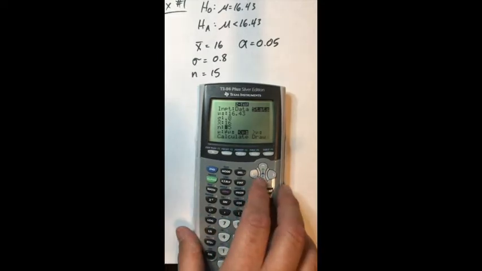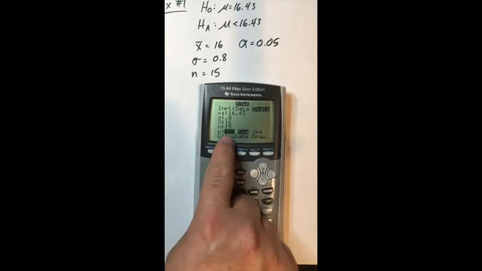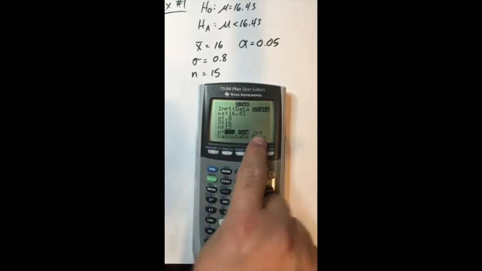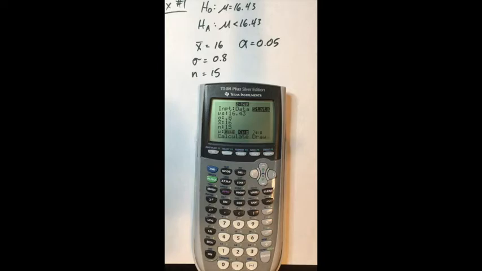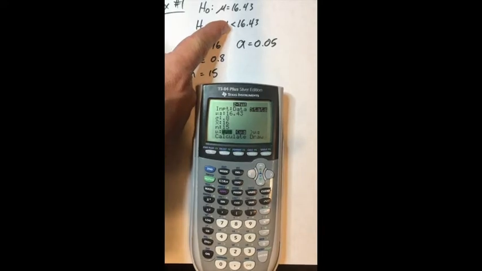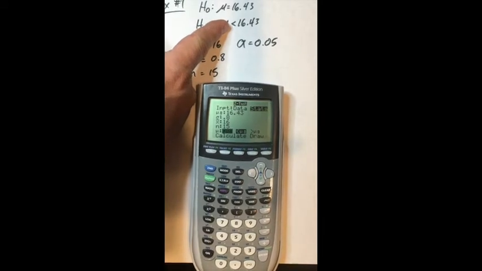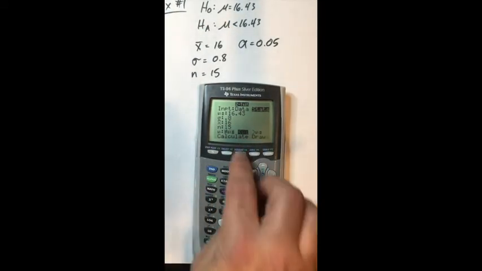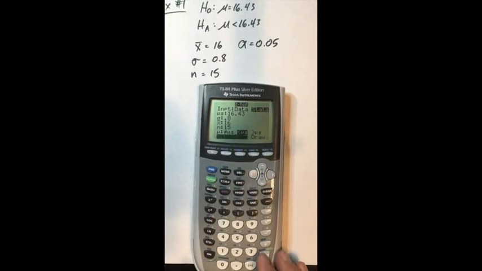So the last line we want to match to our alternative hypothesis. Notice our choices are not equals, less than, or greater than. And you just want to match the symbol as it's written in your alternative hypothesis. So we see mu is less than 16.43, so I have highlighted less than there, and then we hit calculate.